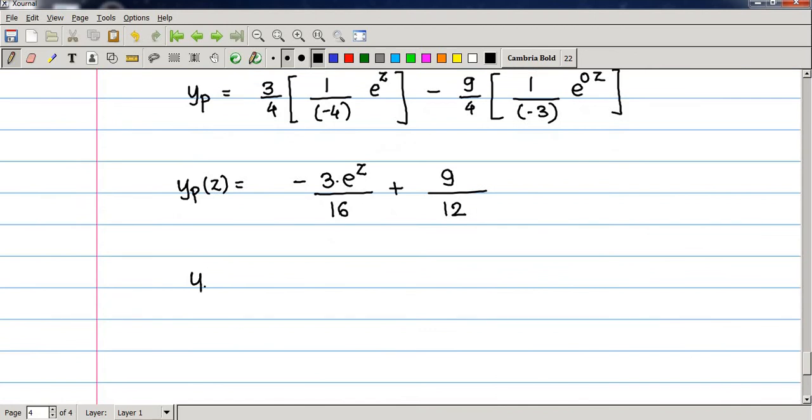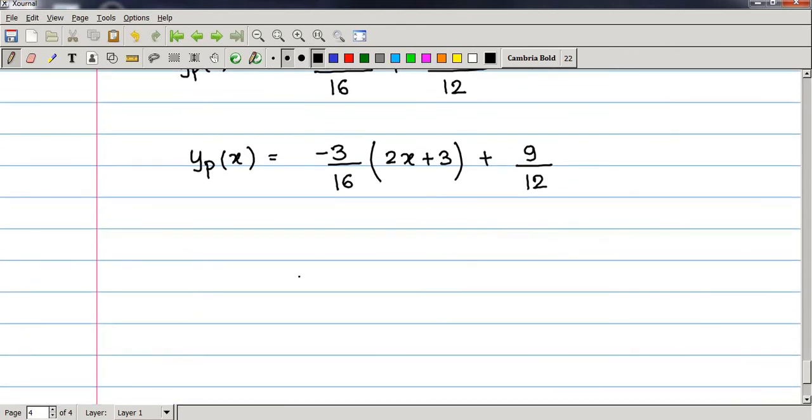Again, if we substitute z is equal to log of 2x plus 3, the required particular integral in terms of x can be written as minus 3 by 16 and e raised to z is 2x plus 3, and plus 9 by 12. So this will be the required particular integral.